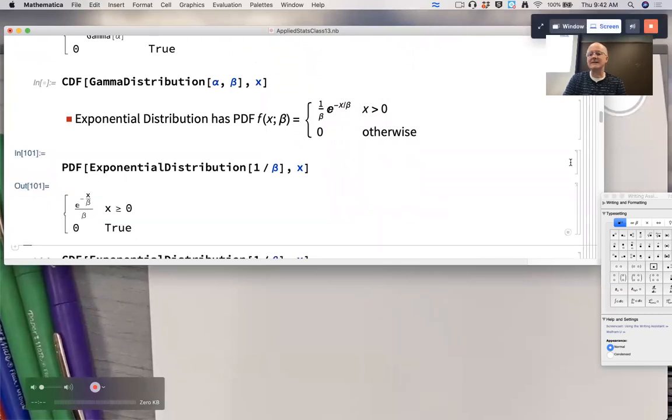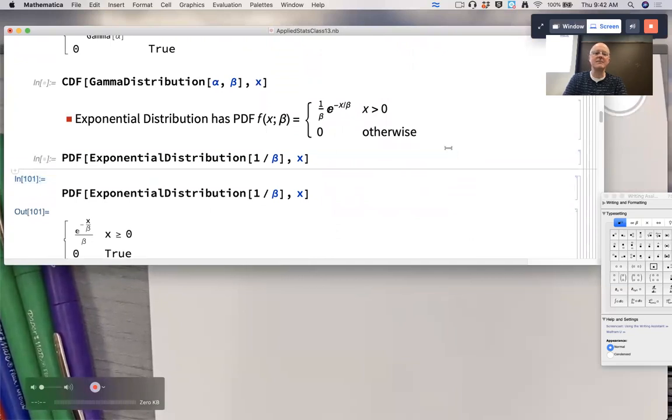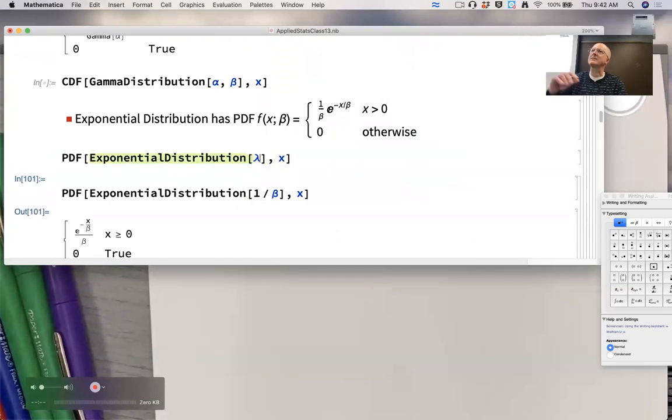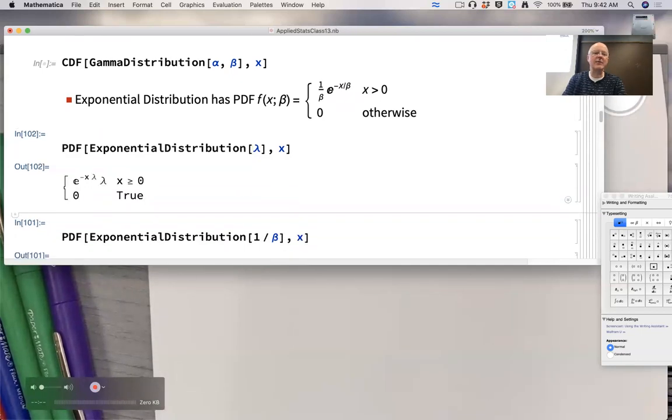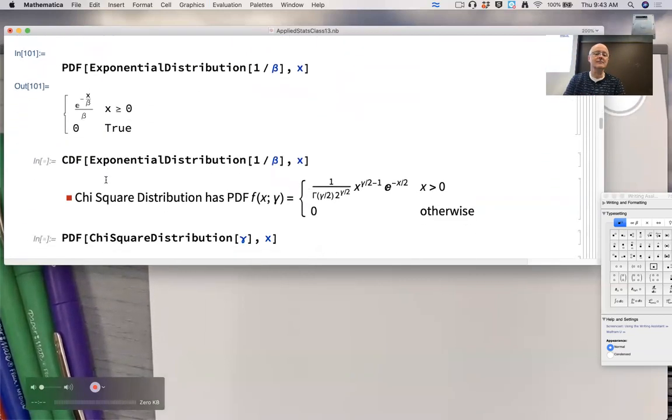That's because beta is the mean of an exponential, but it's also common to think of an exponential's parameter as lambda, where lambda is related to a Poisson distribution. Then when you write the formula in terms of lambda, it looks like this. The mean, if you think of the parameter as lambda, is 1 over lambda.